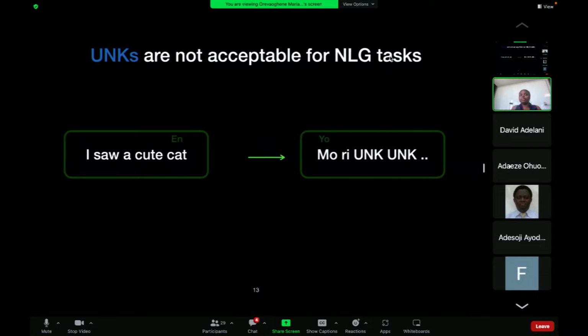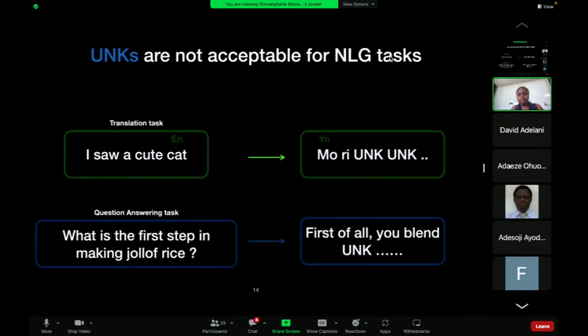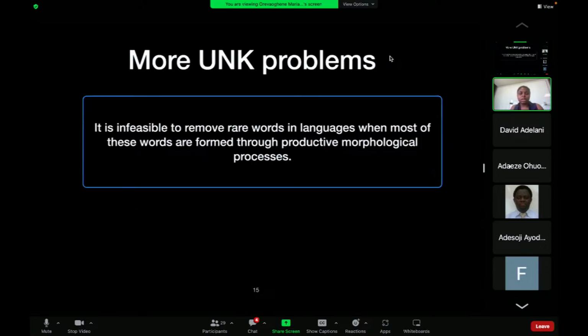You'd ask, okay, what's UNK? Or imagine a question answering task: what's the first step in making jollof rice? And the model generates, first of all, you blend UNK. UNK, like you blend tomatoes, you blend potatoes, what can it be? So there's a lot of loss of information with this kind of representation.